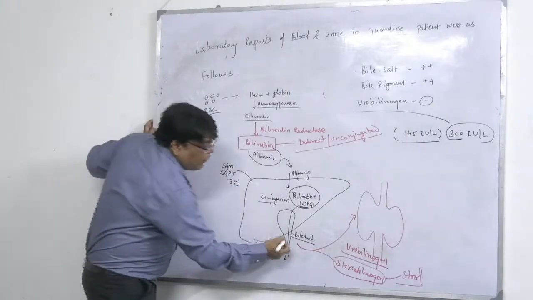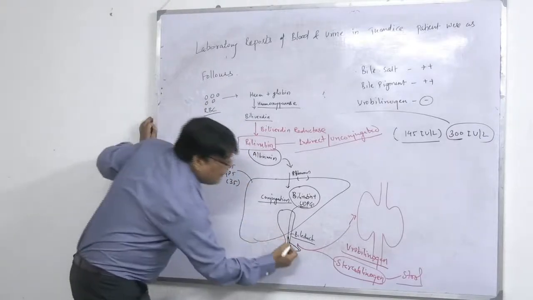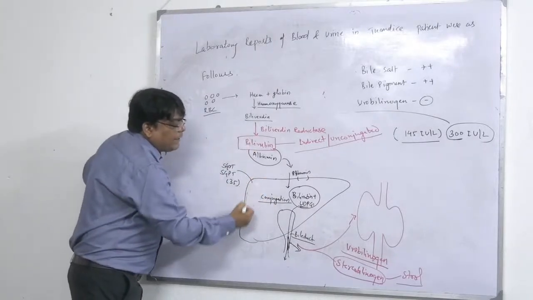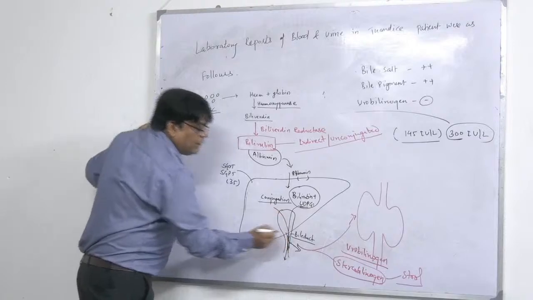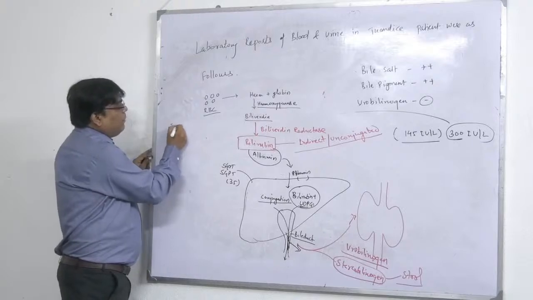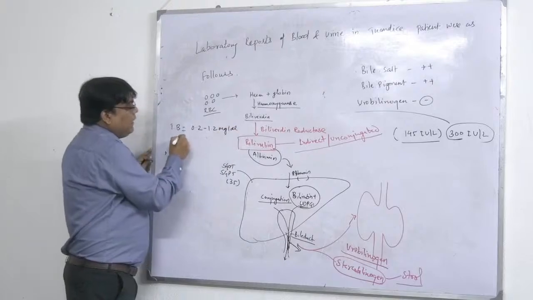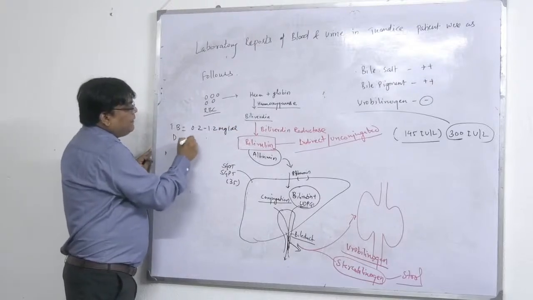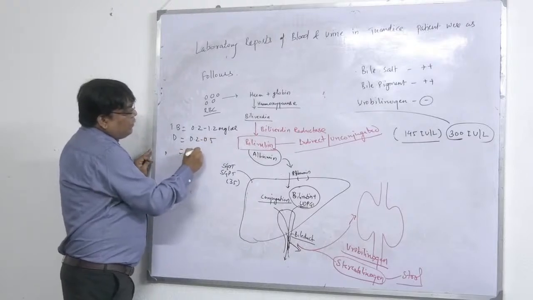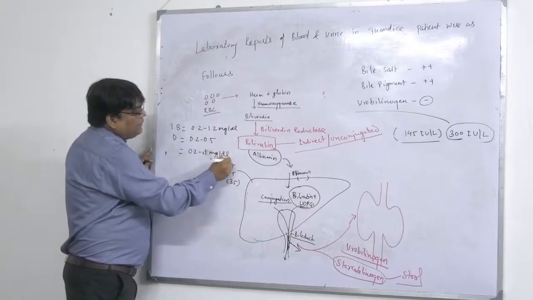But due to obstruction, there is no passage of any kind of direct bilirubin. That's why the direct bilirubin level is high, because direct bilirubin is made in the hepatocyte and does not pass through. The indirect bilirubin level is also high, because what is the normal level of bilirubin? It is 0.2 to 1.2 mg per dl, direct is 0.2 to 0.5, and indirect is up to 1 mg per dl.